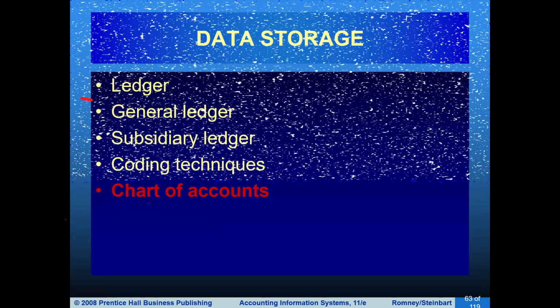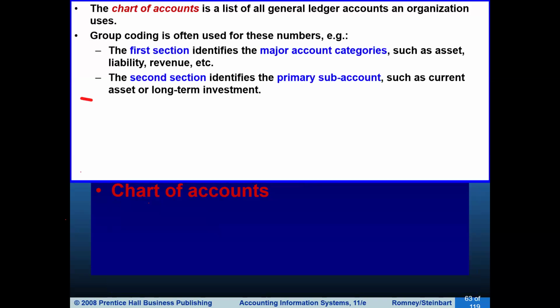A chart of accounts is a list of all general ledger accounts. You balance all general ledger accounts and prepare a trial balance, in addition to the creditors ledger, debtors ledger and other accounts. All transactions, T accounts, we call the general ledger. You list all the general ledger accounts an organization uses.